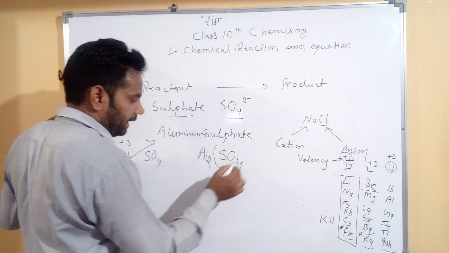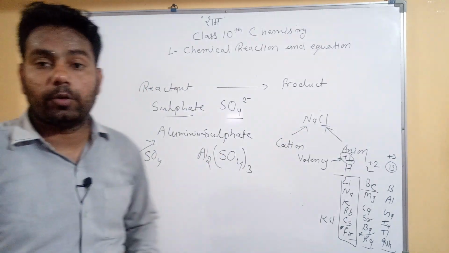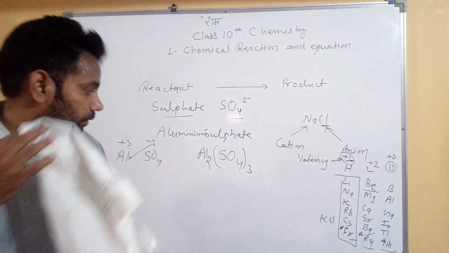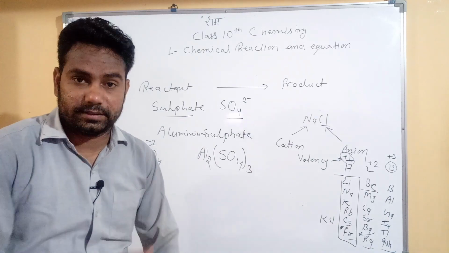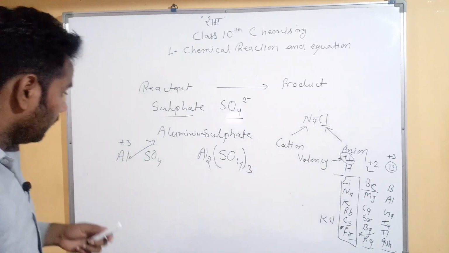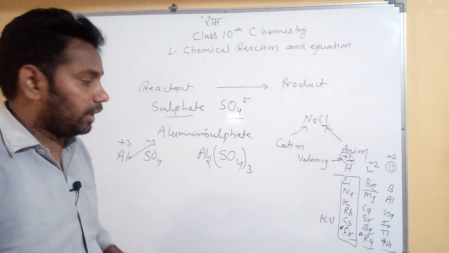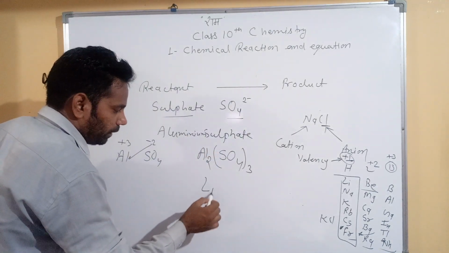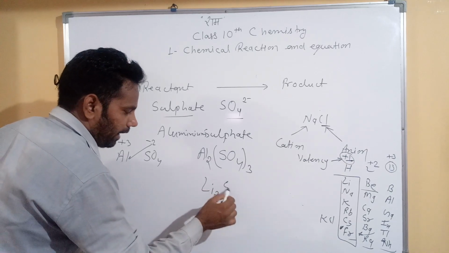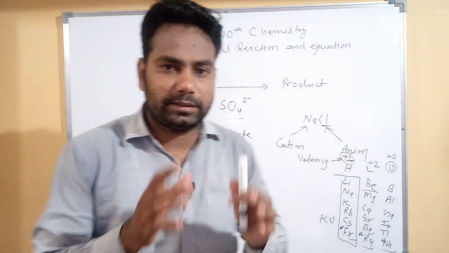We use brackets, so the formula is Al2(SO4)3. Next, lithium sulfate. What is the formula of lithium sulfate? It belongs to the first group, Li2SO4. Okay, now it's easy.